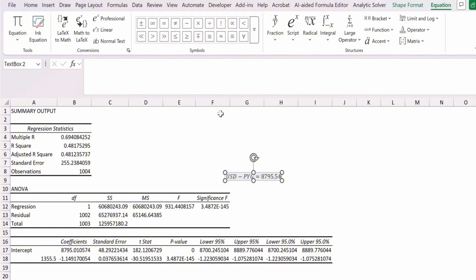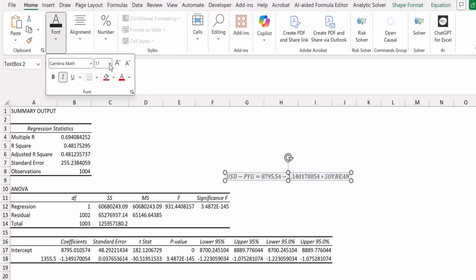That's the y-intercept when x is equal to 0, minus 1.149170054 times the soybean price. Okay, that's our equation.